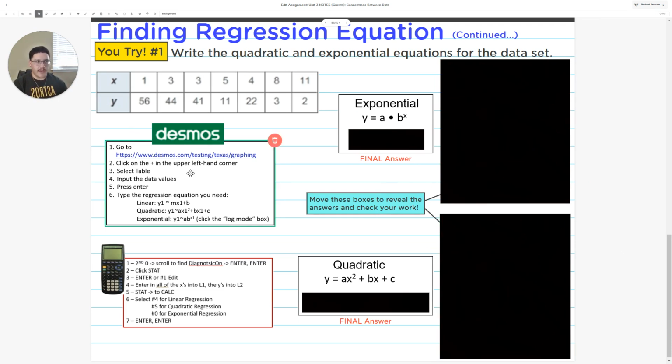I got the steps right here underneath Desmos and this picture of a TI-84. So read that and follow along if you get stuck. So go ahead and pause the video, try this on your own and see if you could get the final answer. Otherwise, I'm going to continue on and show y'all how to do this.